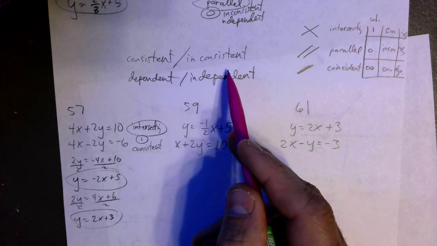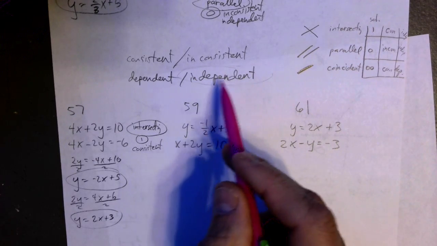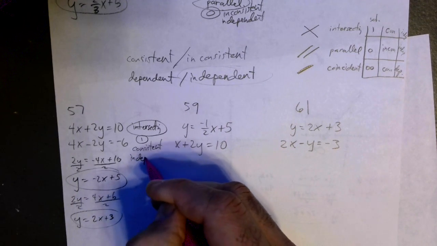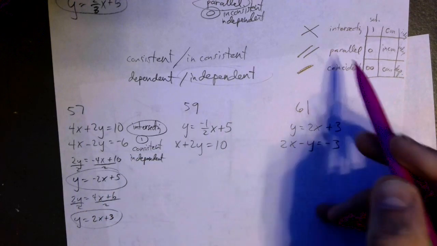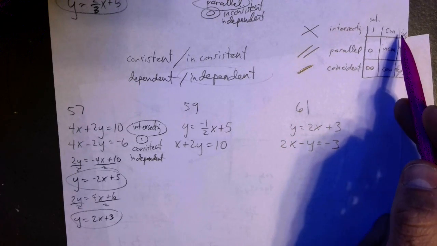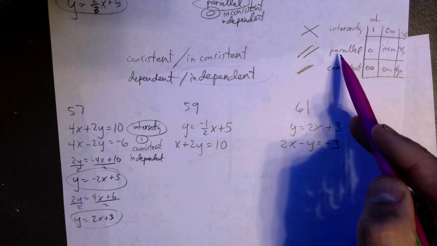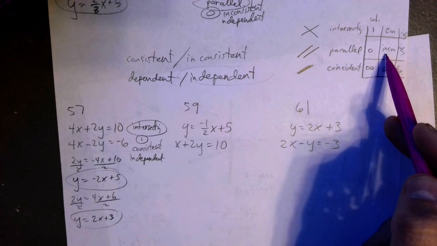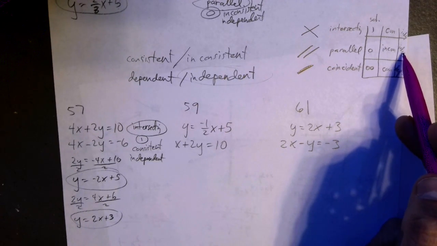But because they still don't share all the same solutions, they are independent. So intersecting lines have one solution, are consistent and independent. Parallel lines have no solutions, are inconsistent and independent.